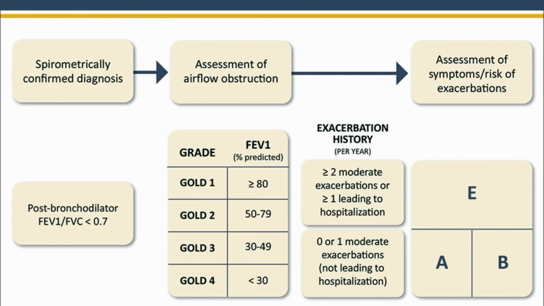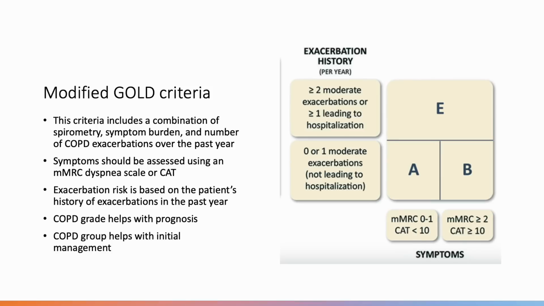Now that we have confirmed a patient of having COPD based on post-bronchodilator FEV1 over FVC ratio of less than 0.7 or 70%, and also established the patient's airflow obstruction based on FEV1 percent predicted, the two important questions to know next is the number of exacerbation in the past year and the patient's current symptoms.